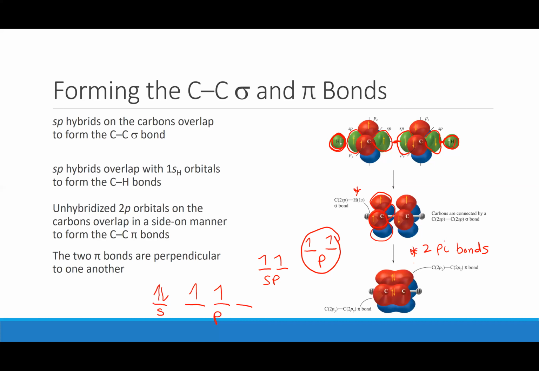This is the case when we have a triple bond. Now again, whether this situation forms a triple bond, two overlapping pi bonds, is key to how many electrons are in these unhybridized p orbitals.